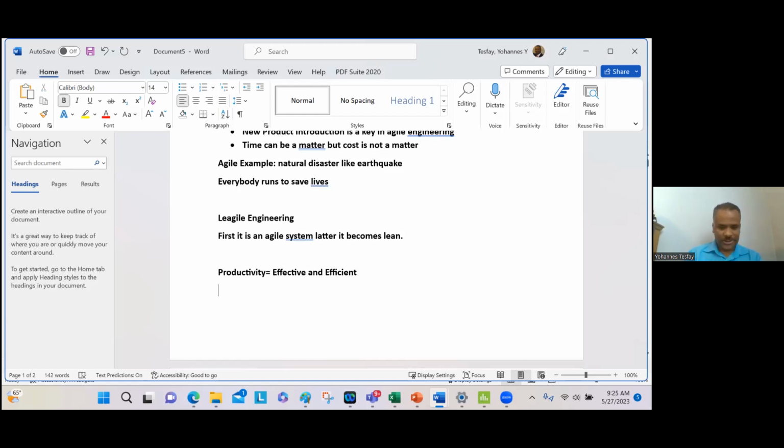So the unit is output divided by input. This is the ratio. That's what productivity is.